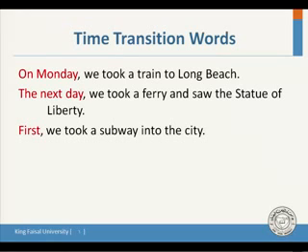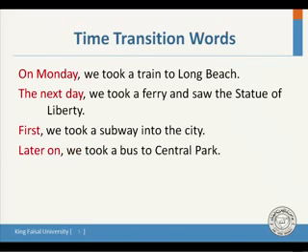First, second, third, fourth. First, we took a subway into the city. First, then second, and so on. Later on. So first, then later on, we took a bus to Central Park.